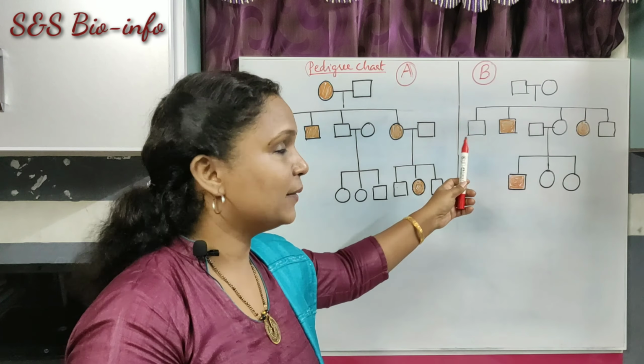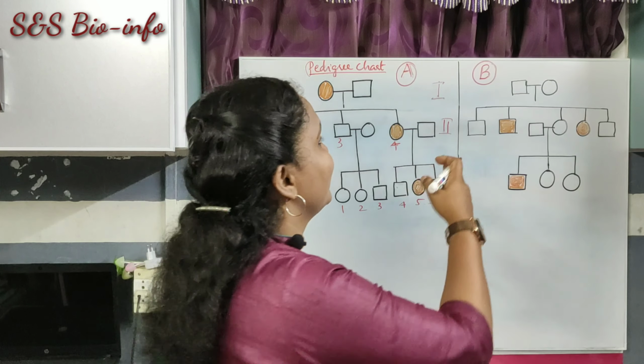In the second generation there are 4 children. In the third generation there are 6 children. So the mother is affected here. In the second generation, one son and one daughter are affected, 2 children are affected. In the third generation only one is affected.